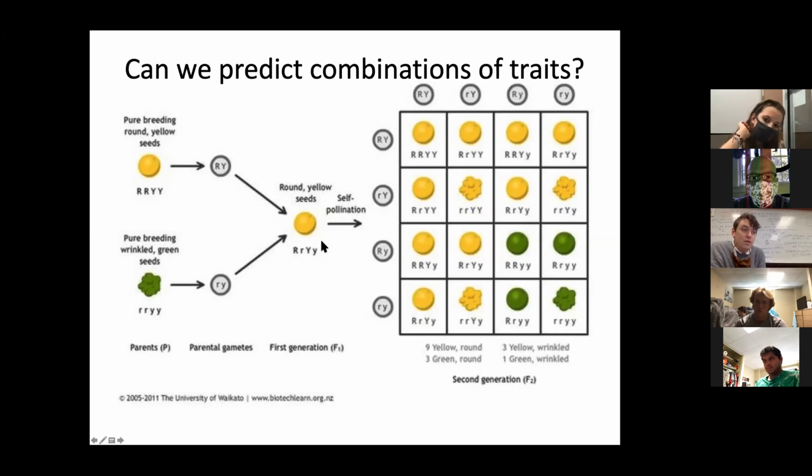So this is what you get, right? 9 yellow and round, 3 wrinkled and yellow, 1 green and wrinkled, and 3 green and round. This is all possible combinations. You could take any two of these offspring and cross them again. Remember, these are ratios because you could do a cross like this and plant a lot of bean pods on it. You could have hundreds of peas, but they would generally be in this ratio.